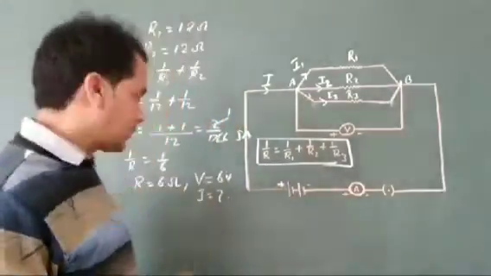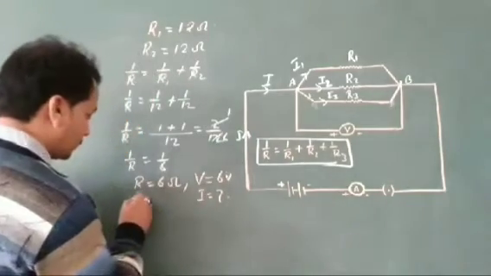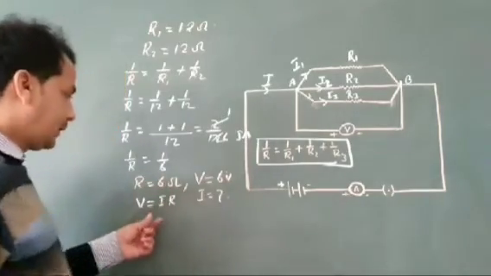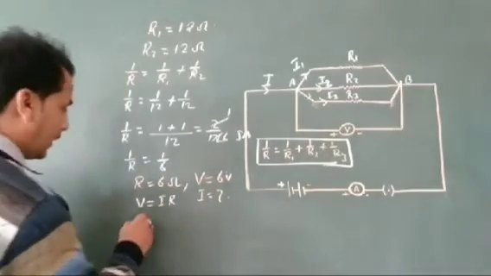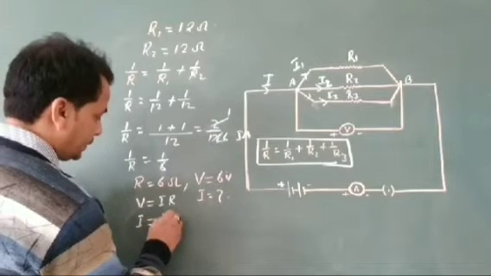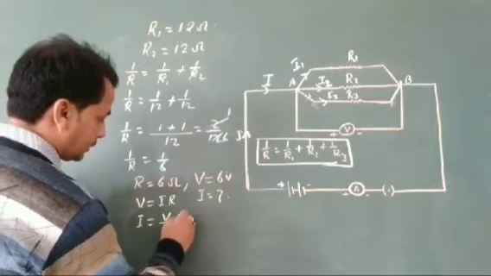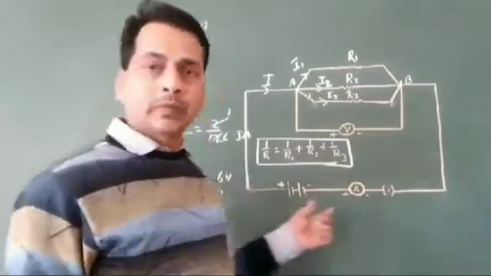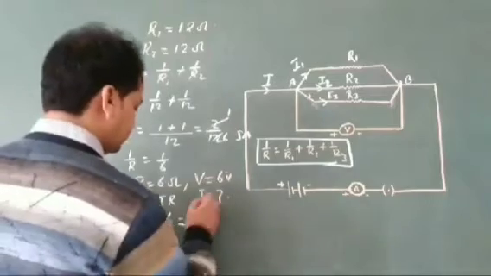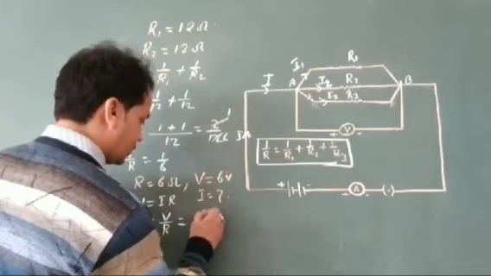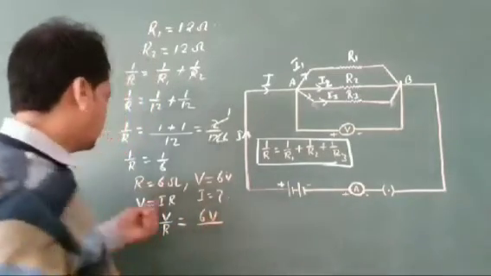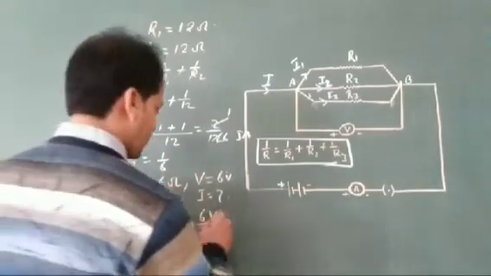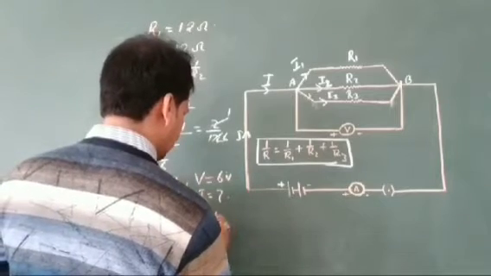According to Ohm's law, V equal to I into R, so the electric current I equal to V by R. The potential difference is 6 volt and the resistance is 6 ohm.